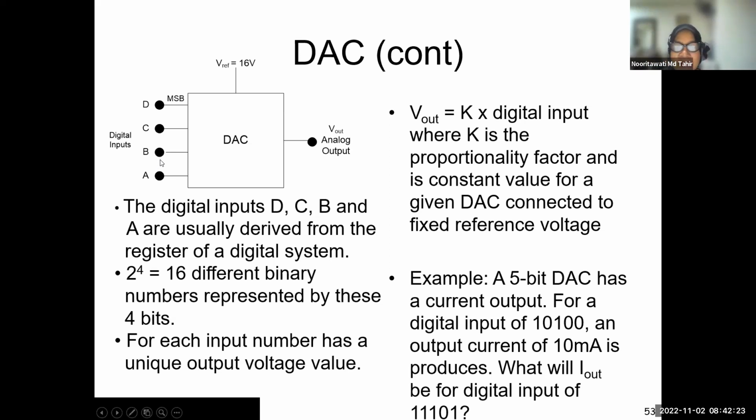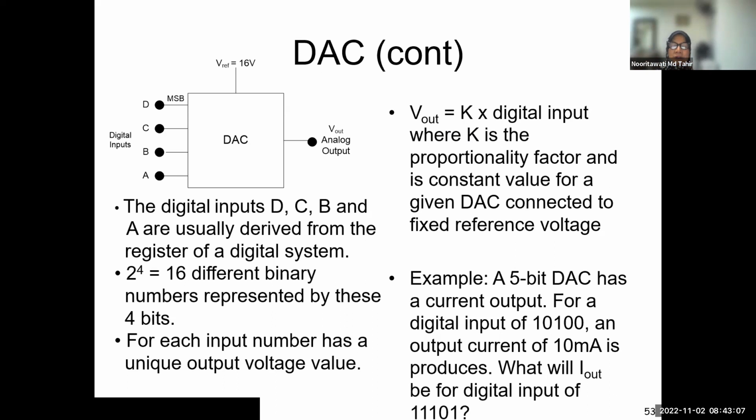Each value has its unique value, so we need to know the step size we will use for conversion from 0000 until 1111, so that the step size is consistent from one value to another. For a digital to analog converter, we need to know the step size, or else it will not be consistent.